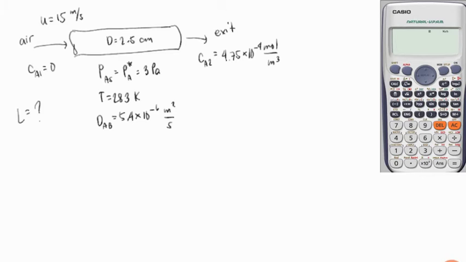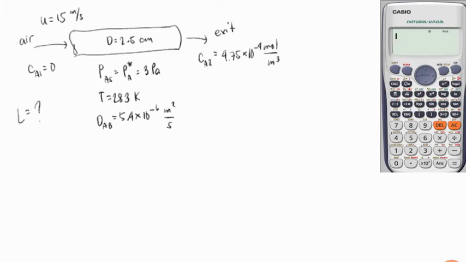So this is definitely a convective mass transfer problem because we are given a velocity of the air, and the air serves as the solvent that carries or dissolves our naphthalene. We will approach this just like forced heat convection problems. If you'll remember, for forced heat convection, we determine the Reynolds number and the Prandtl number, solve for the Nusselt number, from there the heat transfer coefficients, and then the total rate of heat transfer.